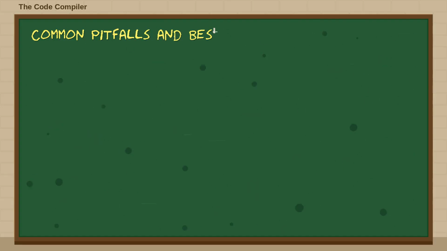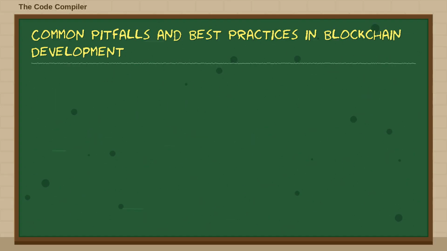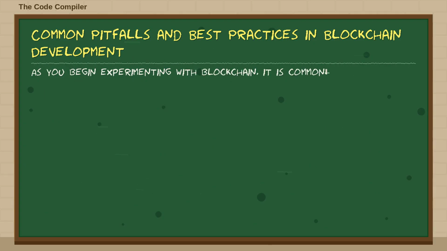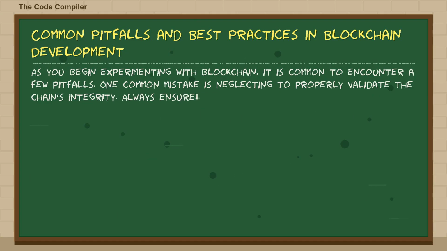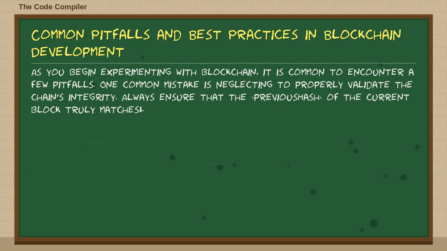As you begin experimenting with blockchain, it is common to encounter a few pitfalls. One common mistake is neglecting to properly validate the chain's integrity. Always ensure that the previous hash of the current block truly matches the hash of the preceding block.